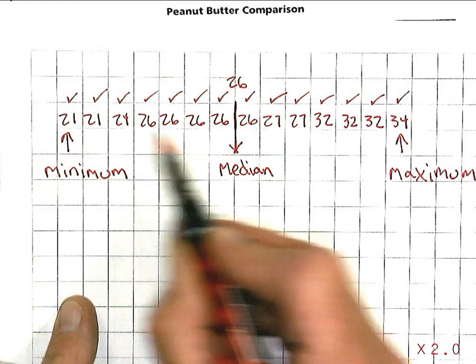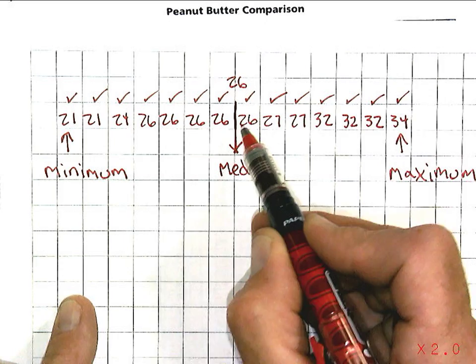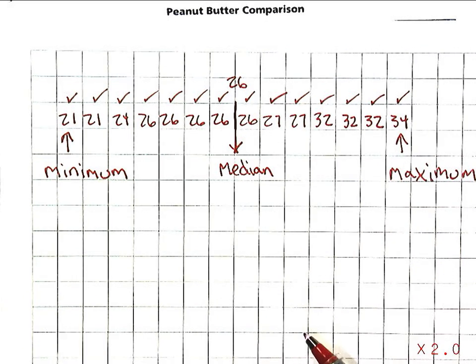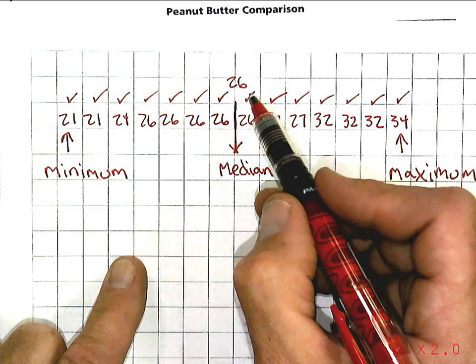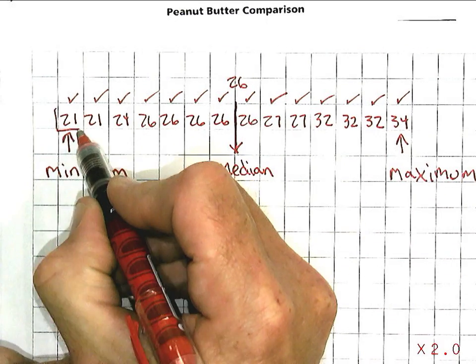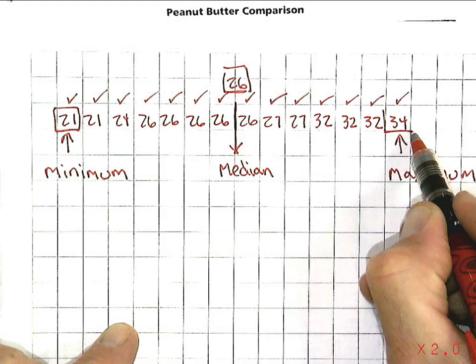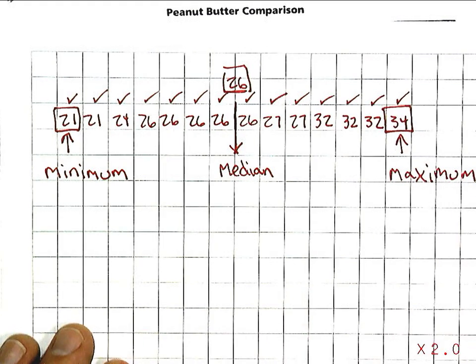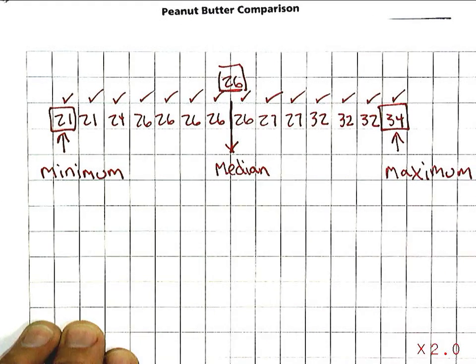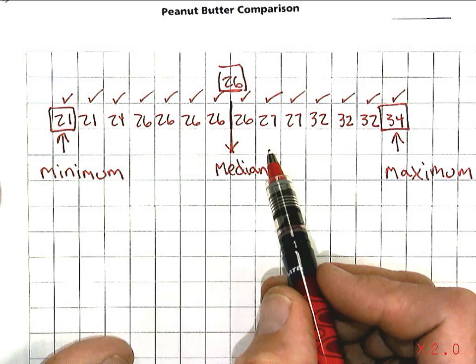And so there's 7 numbers on each side of the middle, or median. And so now we actually have 3 of the 5 numbers that we want in the 5-number summary.